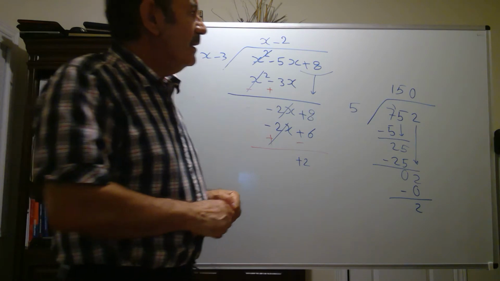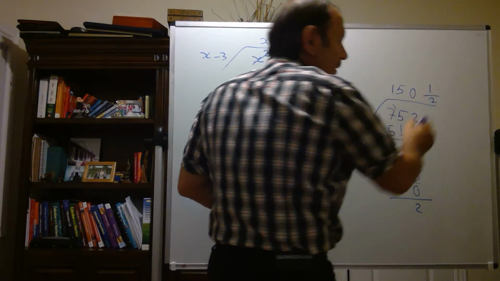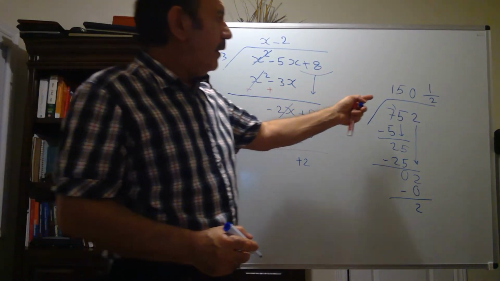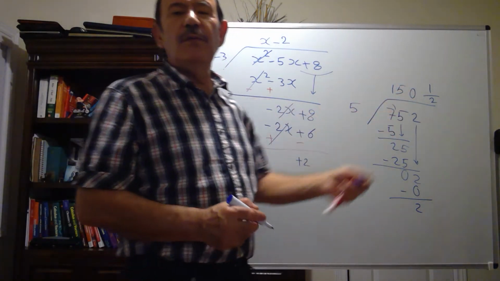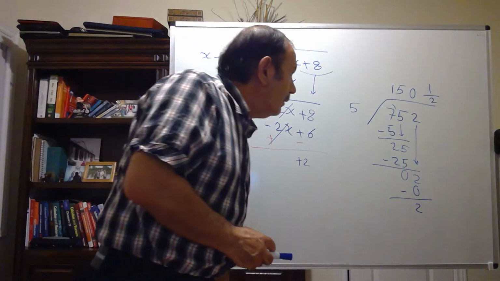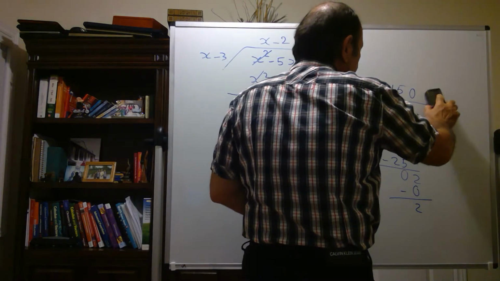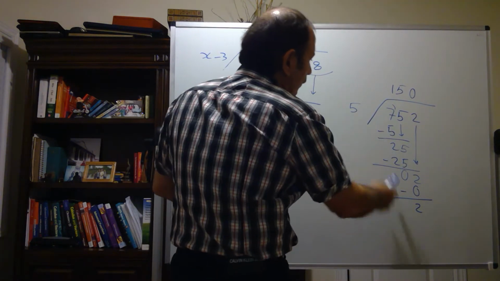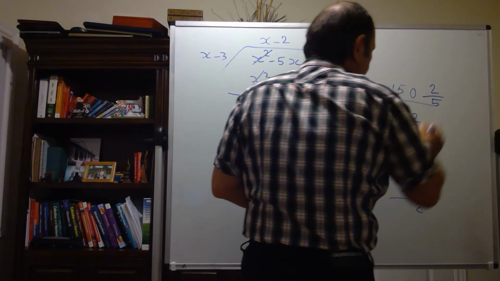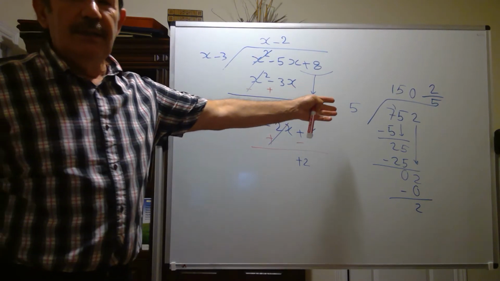How we write this one is 150 and 2 over 5. This is the fraction, right? This is the answer for this one, 150 and 2 over 5, if you don't want to continue to the decimal.